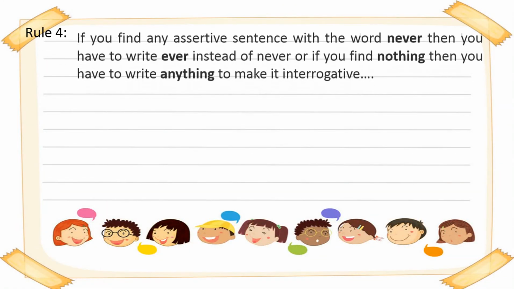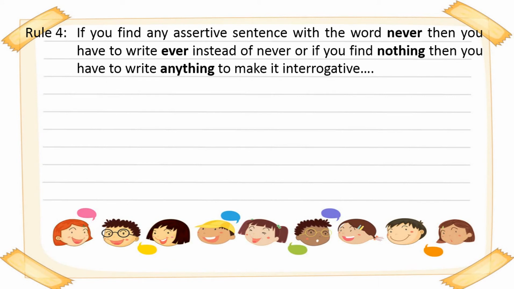Next rule. If you find any assertive sentence with the word never, then you have to write ever instead of never. Or if you find nothing, then you have to write anything to make it interrogative. Just remember the rule: never, ever; nothing, anything. Okay, I never drink tea.